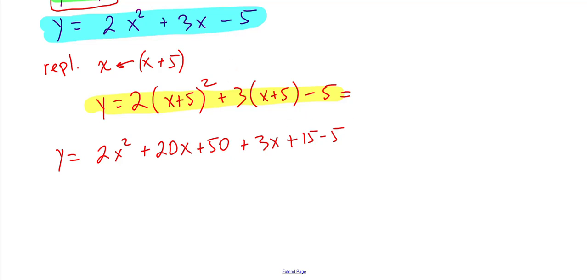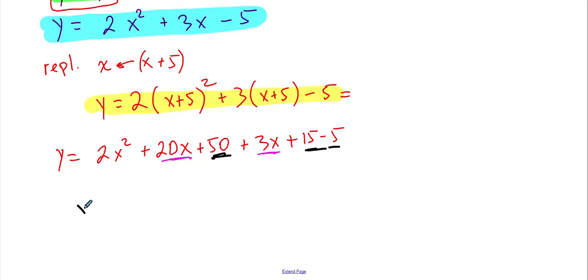And combining like terms to simplify it, well, my like terms are x squared is by itself, there's nothing else. So this combines with this, and then the terms without letter x combined together.